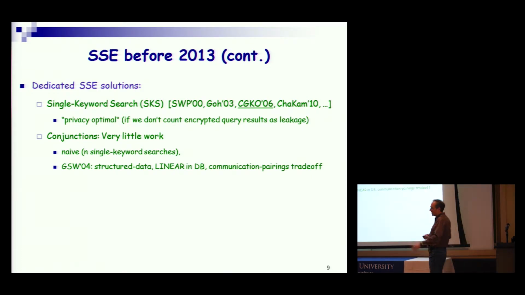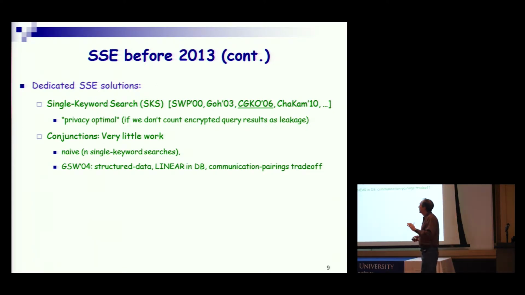I'll show you how it feels. So if you're looking for Vinod, these solutions are privacy optimal, in the sense that the only thing that they leak is the document ciphertext that you return and whether a query repeats. If you're querying twice the same keyword, you'll know that.